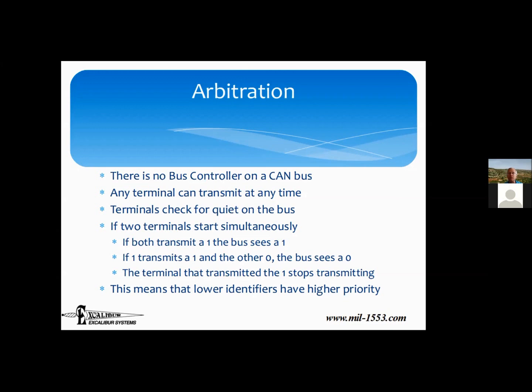So the one with more zeros is going to go first, which effectively means that if I look at two different identifiers, the lower number is the one that has the higher priority. So when a system architect designs the system, he's also going to assign lower identifiers to more time-critical systems.